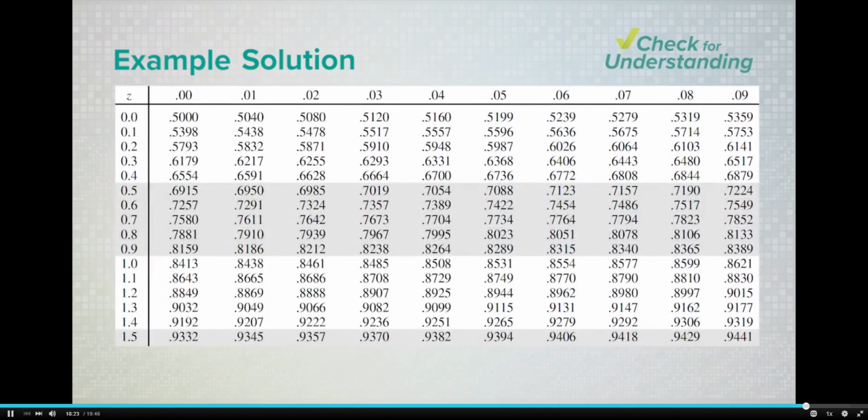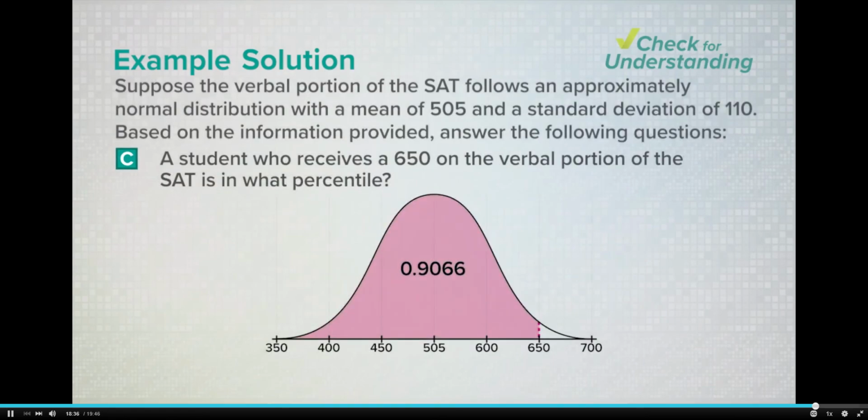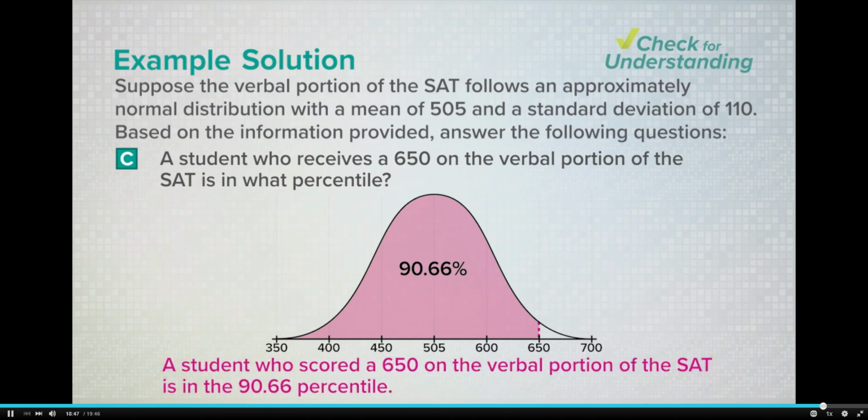Looking that up in my chart, I look up 1.3 and 0.02 on the top, and I go over and down to get a proportion of 0.9066. Now, is this the area I want? Yes, it is, because I want the area from 650 and below, which is about 90% of my curve. A student who scores 650 on the verbal portion of the SAT is at the 90.66th percentile.